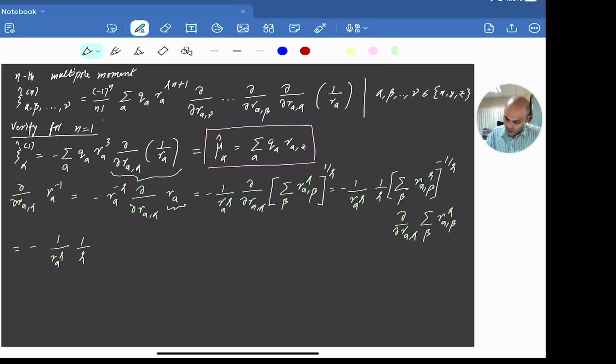So we are going to just write it as 1 over Ra, and this derivative is going to survive only when beta takes the value of alpha. Alpha is either x, y, or z, and beta will go over x, y, and z. So when the values of beta and alpha are the same, the derivative is going to survive.